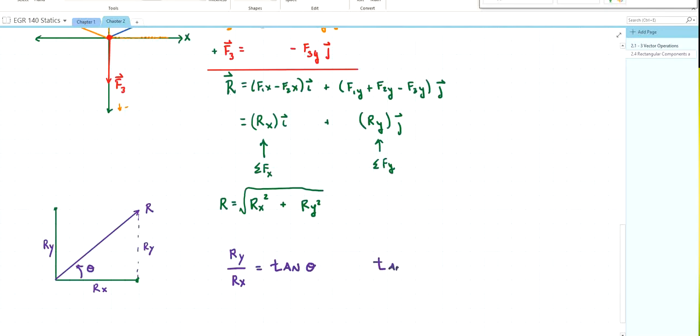So the arctangent of Ry over Rx equals theta.